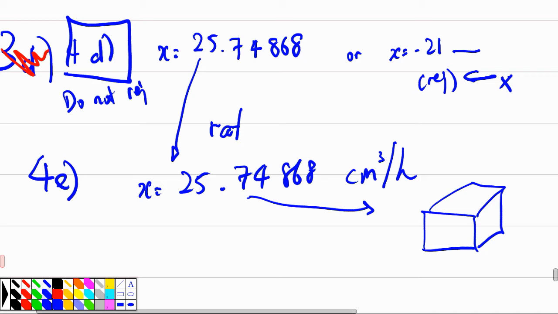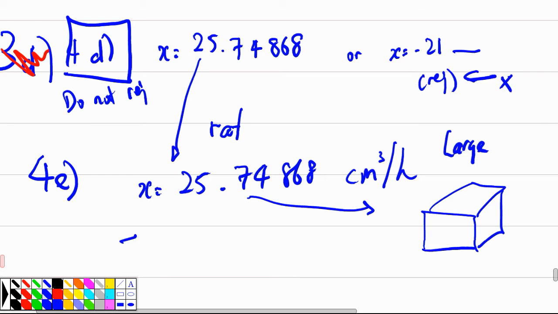Okay, it says find the time for it to be emptied if the large pump is used. So this is the rate. But is this the rate of the large pump or the small pump? Oh, this is large already. Then how do I find the time?